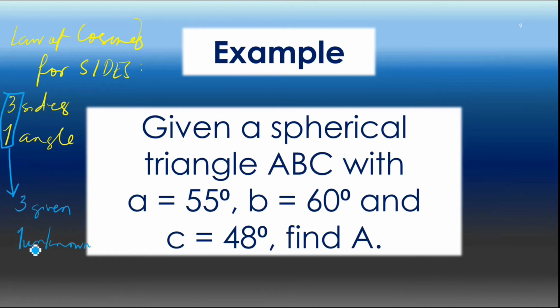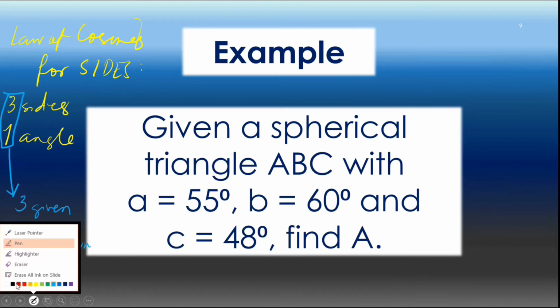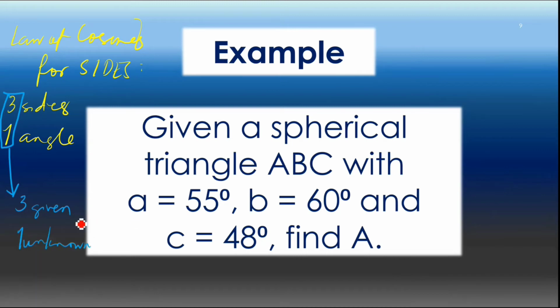Okay, this is what I mentioned a while ago. For the three given and one unknown, the possible options: we could have two sides and one angle, okay. Also, we can have three sides that are given, any of these combinations.